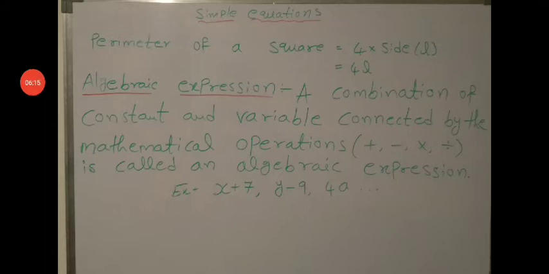Once again, an algebraic expression is a combination of constants and variables connected by the mathematical symbols or operations like plus, minus, into and divide. Examples are x plus 7, y minus 9, 4a, 4 divided by a, a divided by 4, like that. In this, x plus 7 has two terms, x and 7. y minus 9 also has two terms, y and 9.